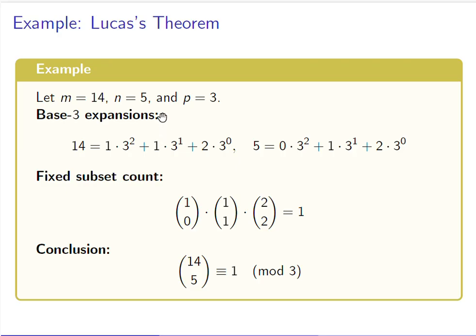The highest power of 3 that is less than 5 is 3 to the 1, so that's 1 times 3, and then the remaining 2 is 2 times 1. The same thing with 5. The highest power, 3 squared, which is 9, is more than 5, so it's going to be 0 times that. Then 3 to the power 1 is less than 5, so you have 1 of it and then 2 here.